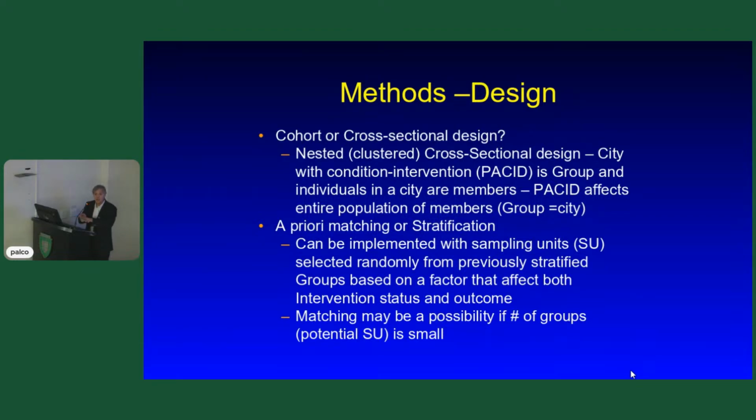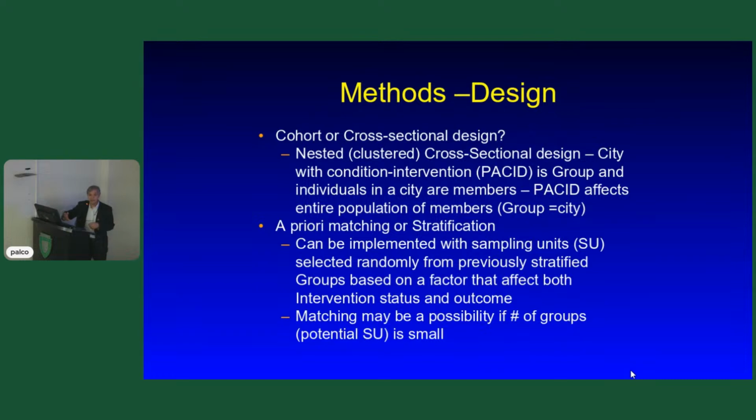By the way, it creates a larger variance because I have variance between clusters and I have variance within cluster, okay? So a priori matching or stratification can be implemented with sample units selected randomly from previously stratified groups based on a factor that affects both intervention status and outcome. Matching may be a possibility. I didn't do either.